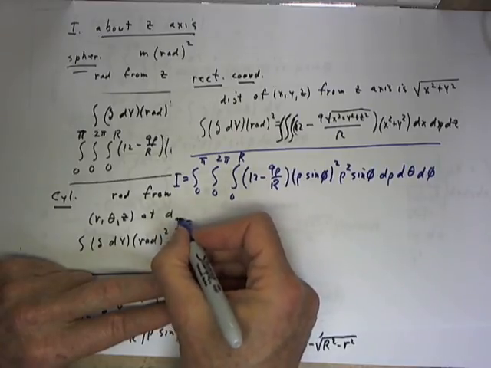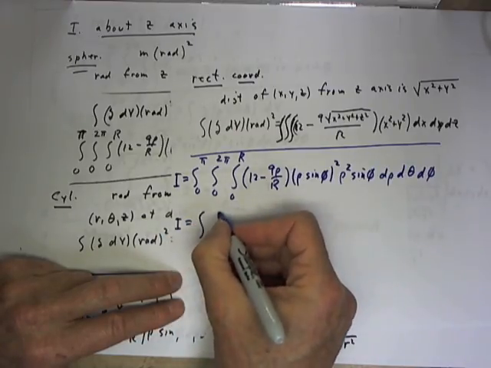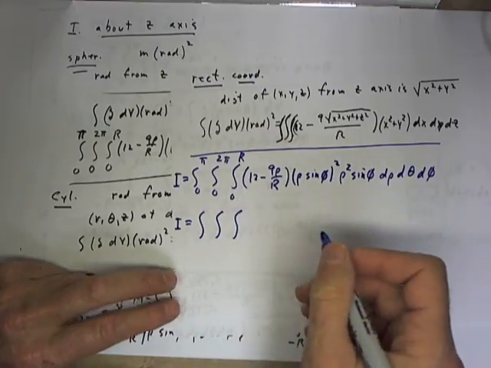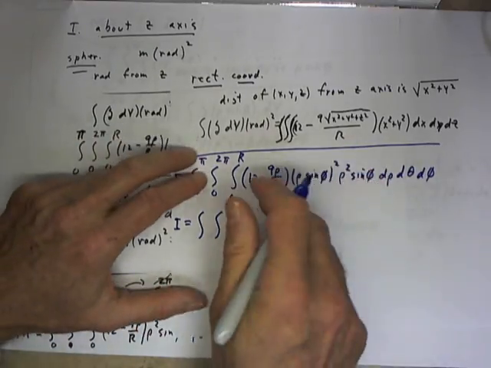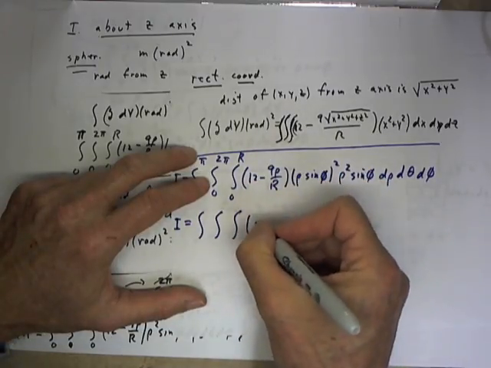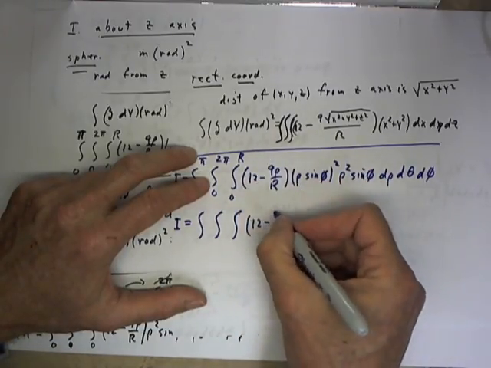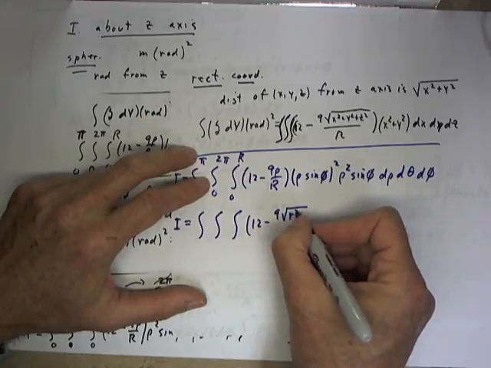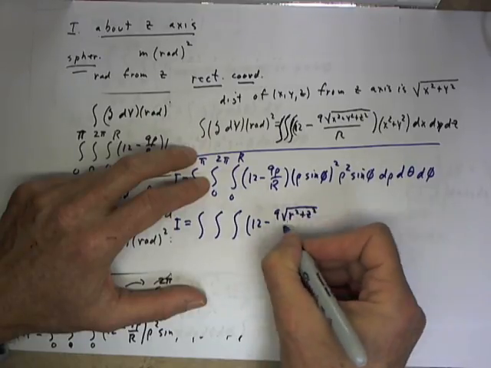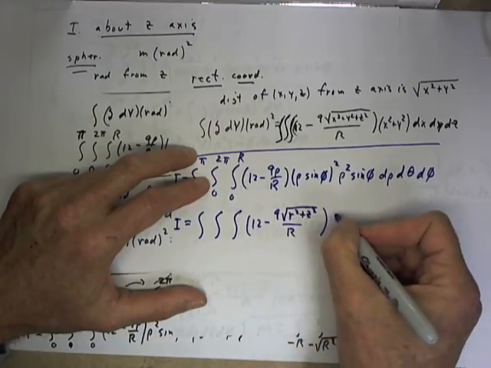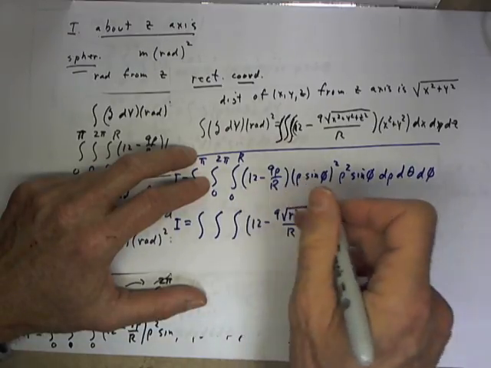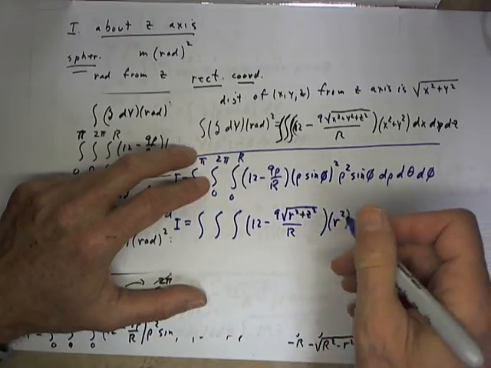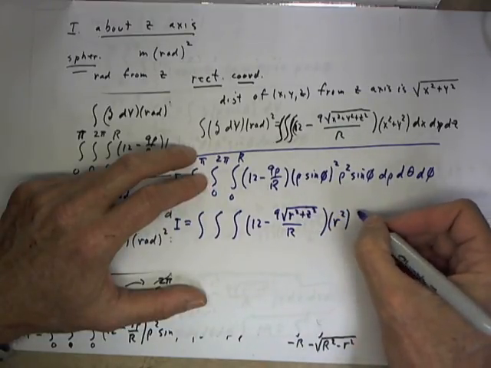Similarly, we could write the integral in cylindrical coordinates. Our density function is going to be 12 minus 9 times the square root of r squared plus z squared over big R. Our distance from the z-axis squared is just going to be r squared, and our volume increment is going to be what?